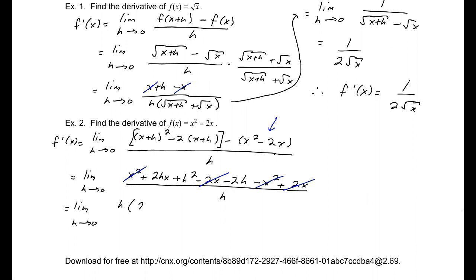That is h times 2x plus h minus 2, all over h. The h's then cancel out. And as we take the limit as h goes to 0, I'll just go ahead and mark these out for posterity's sake. If we scratch these out, h goes to 0. This is 2x minus 2. So that is f prime of x is 2x minus 2.